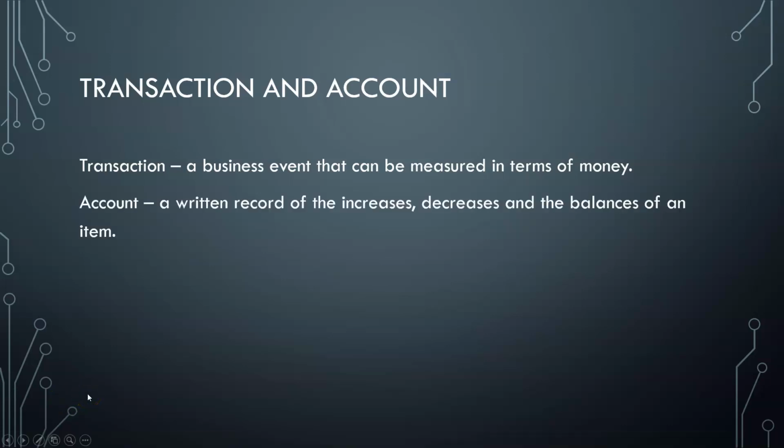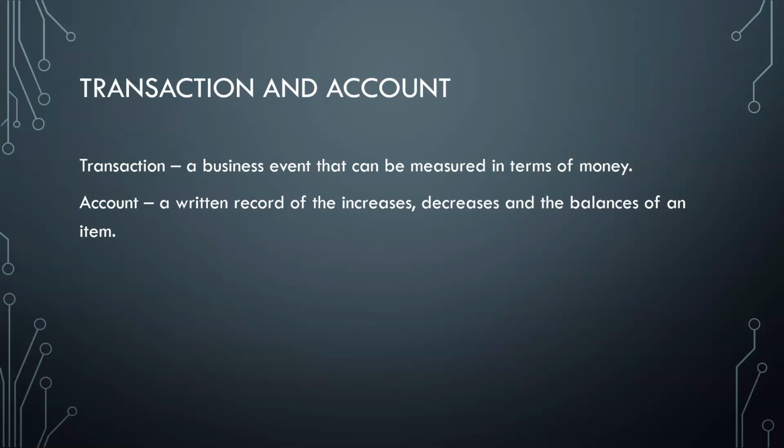Next, an account. An account is a written record of the increases, decreases, and the balances of an item. So, an account is a place where we keep all the increases and decreases and the balance of an item relating to transactions. For example, the cash account will only have cash transactions.